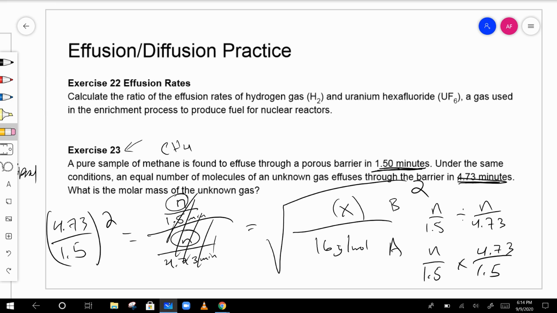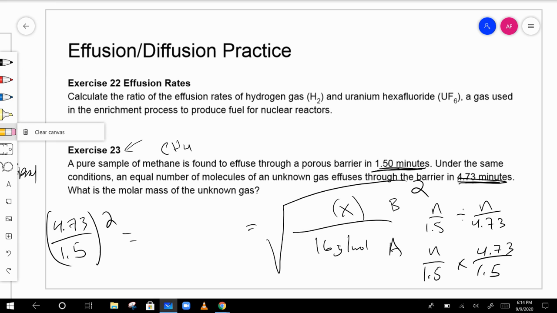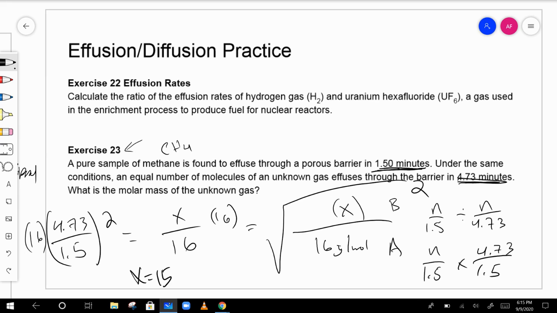I'm going to erase some of this, make it a little bit neater here. Okay. So we square both sides, so x over 16. Multiply both sides times 16, that will give you your answer. So 4.73 divided by 1.5, quantity squared, times 16, you get 159.1. X equals 159.1 grams.